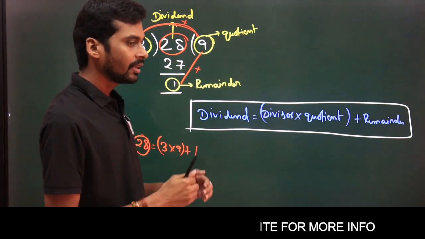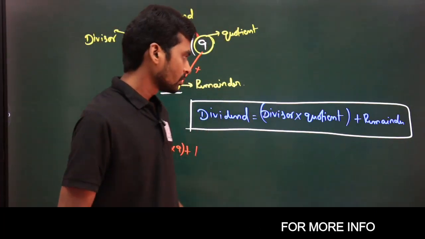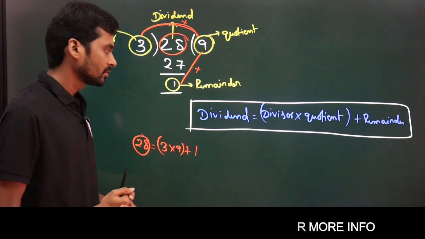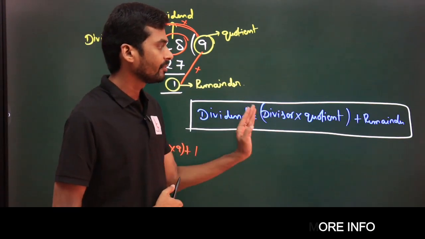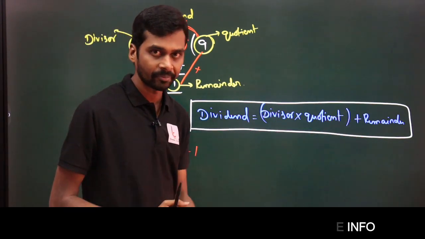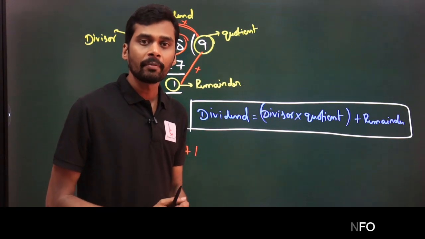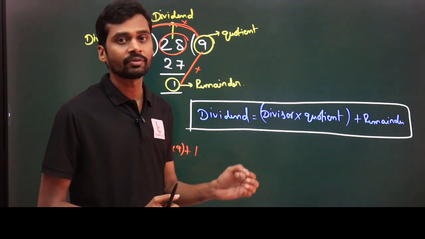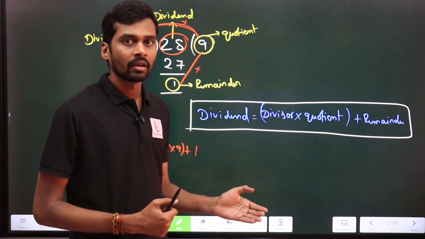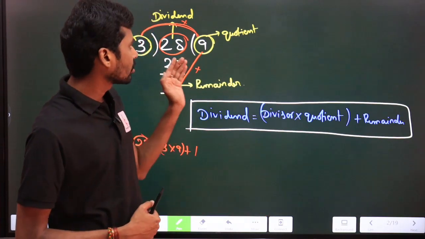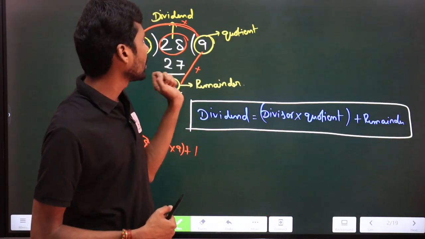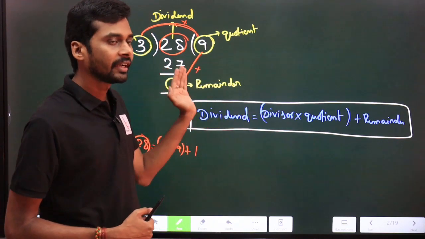When we divide a number by a different number, the final result is that dividend is equal to what? Divisor into quotient plus remainder. Sometimes in a problem it is given like, the dividend is 4 times the divisor and the quotient is 3 times the remainder.